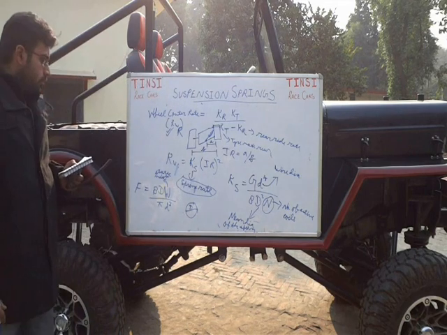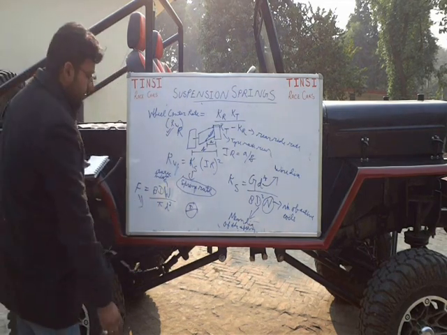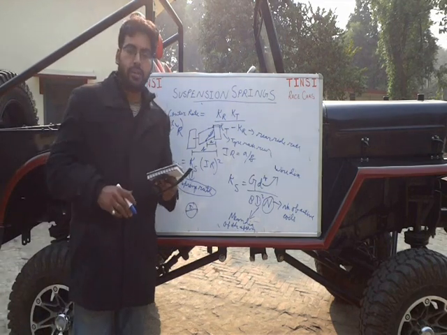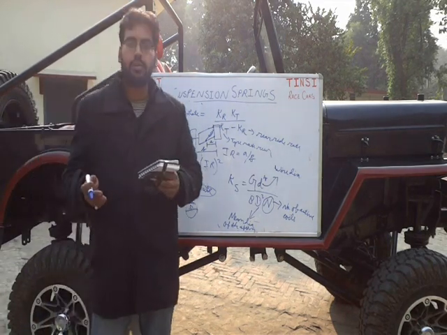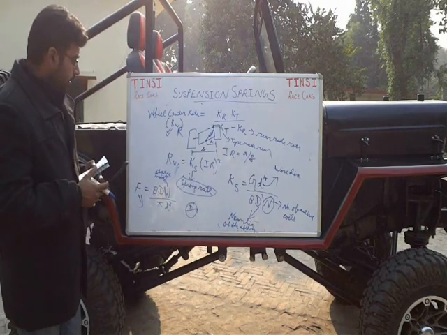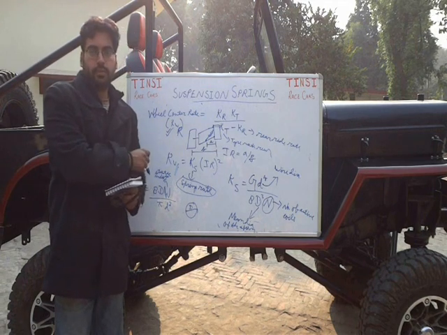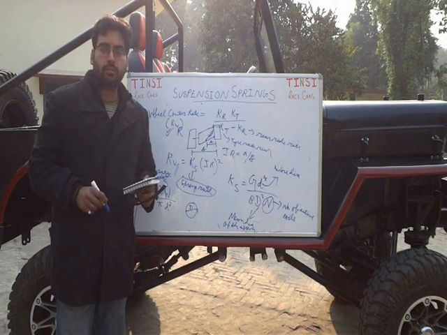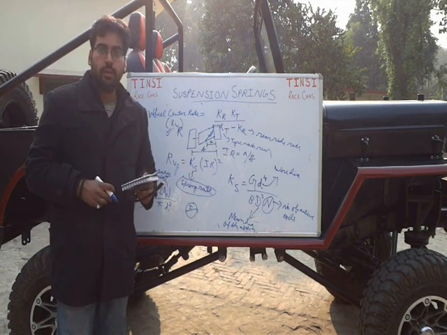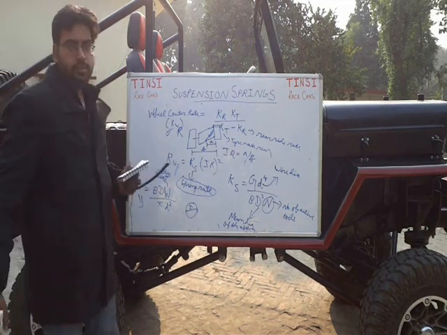Okay, so this F is our uncorrected stress. This is the maximum stress that is coming on the spring. Okay, so if we design our spring with this stress, it's going to sag in service. So now what we want is to increase this.